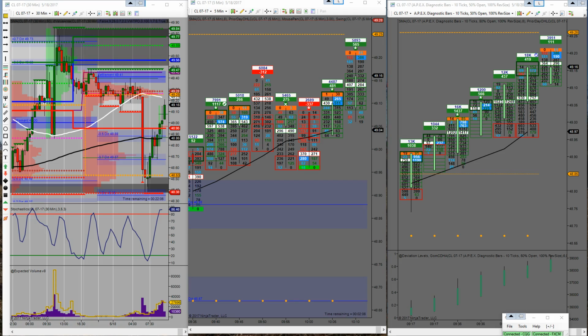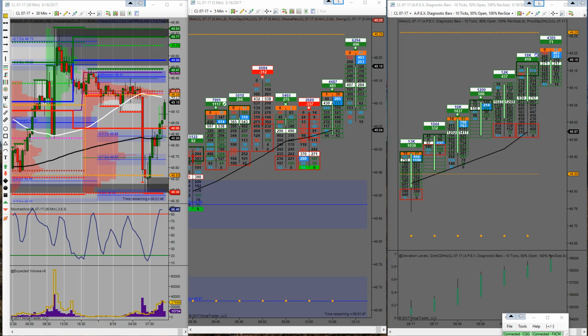Okay. And this is going to be my last trade here. So long 1 contract, 49.03, stop sitting at, I'm going to go ahead and move that to break even.